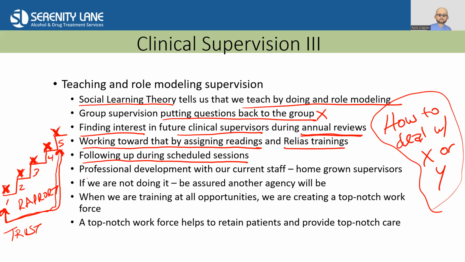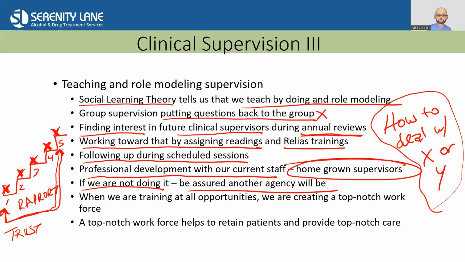And then we can hone in on that with professional development in future sessions. Homegrown supervisors are the best supervisors because they're doing it exactly like we want them to. And if we're not doing it, be assured that another agency will be.